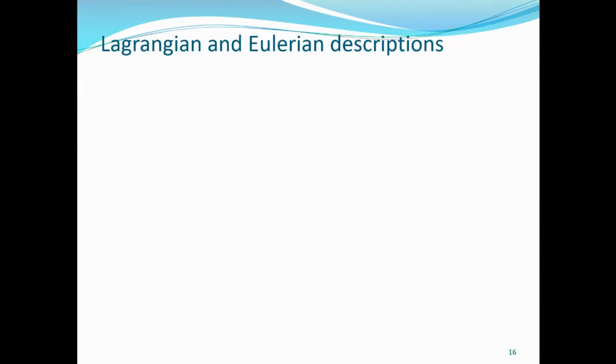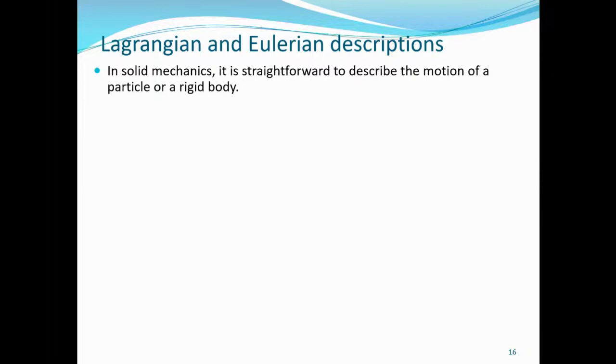Now, Lagrangian and Eulerian descriptions. I've already started explaining these concepts and what they entail. In solid mechanics, it's straightforward to describe the motion of a particle or a rigid body. This we did in statics.